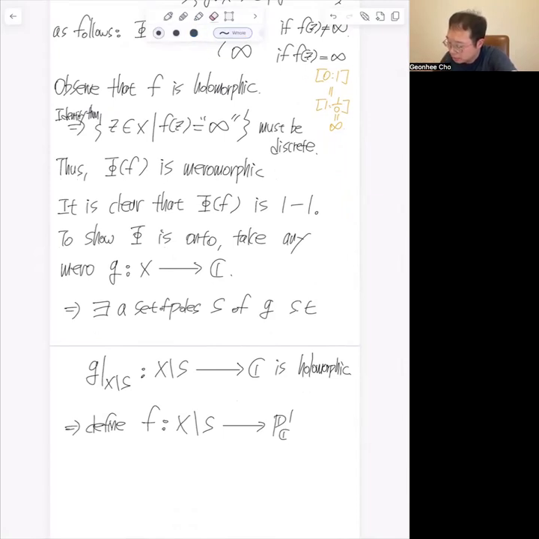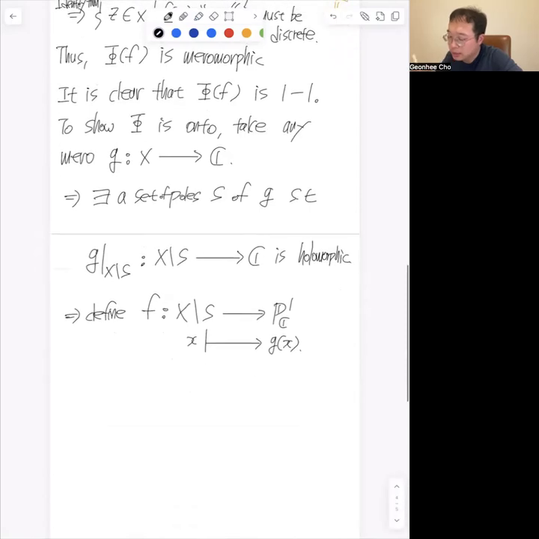It is just nothing but the same, assigned to the same value. Then let us define the map this way. Then clearly this map is holomorphic.